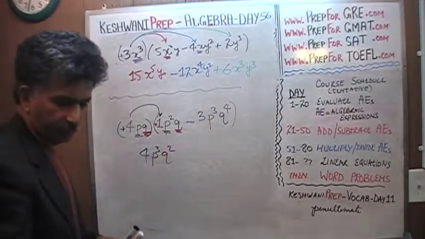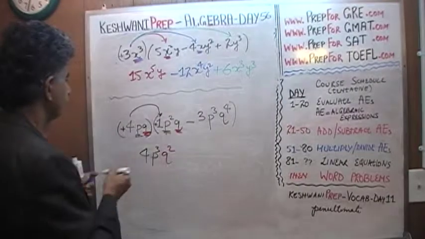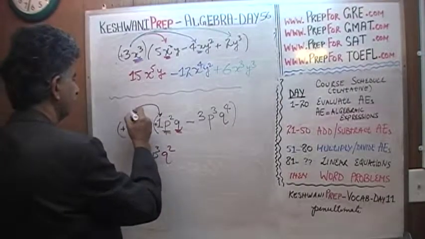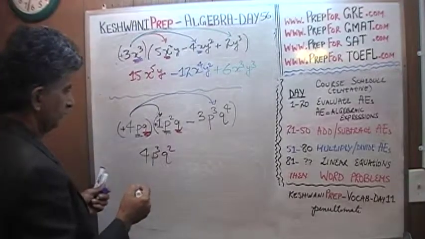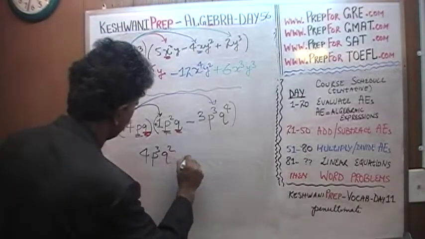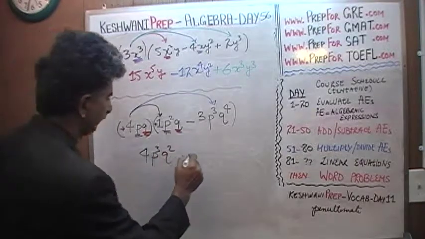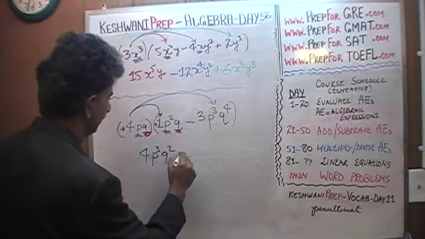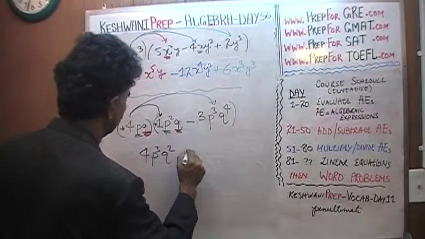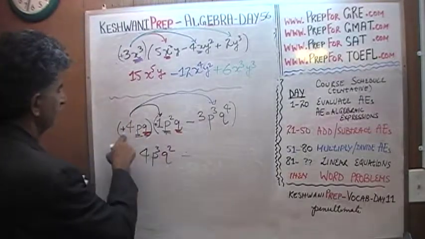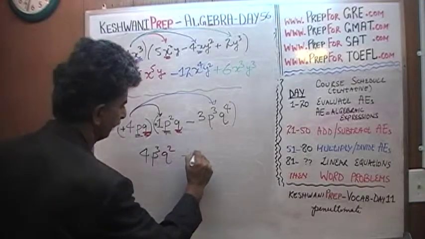And then we do the next part. This term being multiplied by this term. So what we're doing here essentially is 4 times pq times negative 3 p cubed q to the 4th. So it's positive 4 times negative 3 is negative 12.